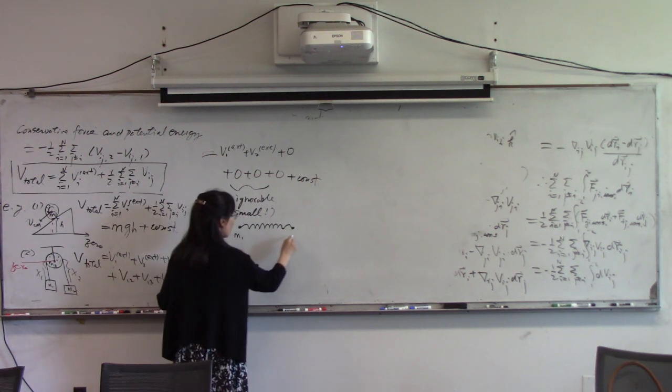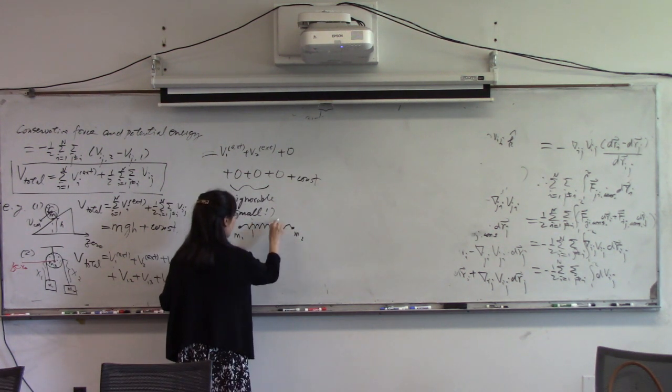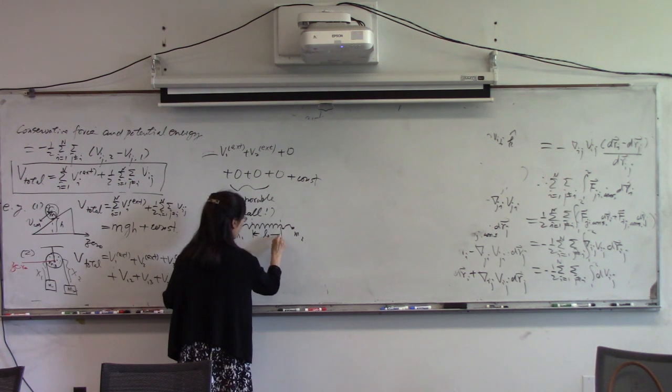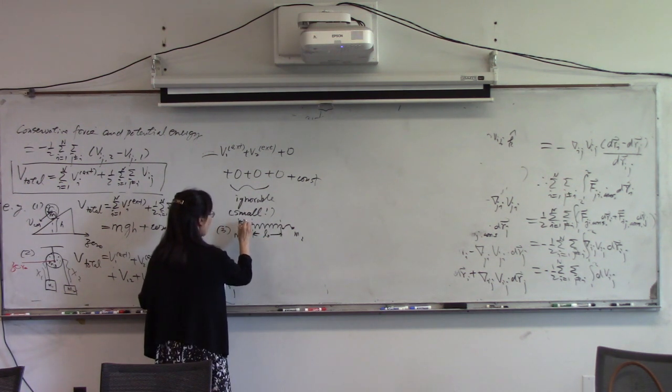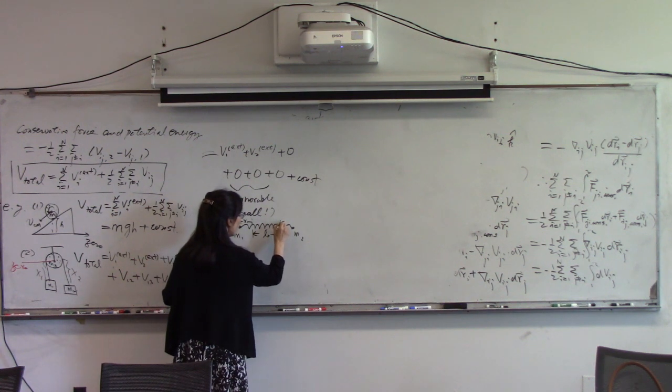The third one: if we have two particles, like a molecule, connected by a spring. Suppose the spring at equilibrium is L0, and this distance is x1, this distance is x2.